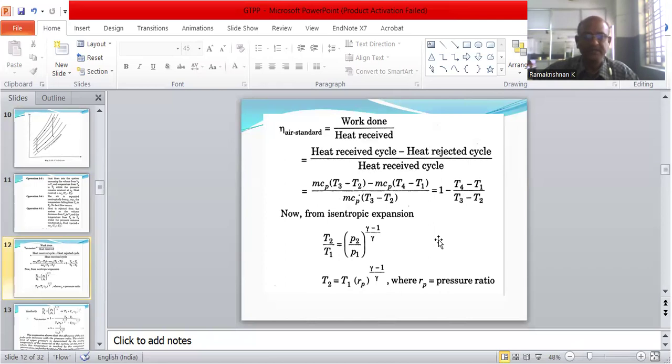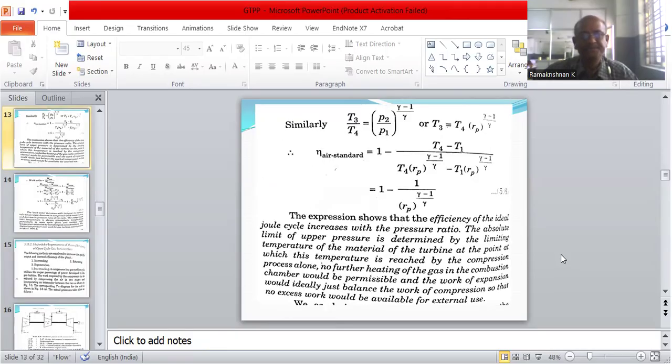As the 1 to 2 process is isentropic compression, T2 by T1 equals (P2 by P1) power (gamma minus 1) divided by gamma. By rearranging, we get T2 equals T1 into Rp power (gamma minus 1) divided by gamma, where Rp is the pressure ratio.